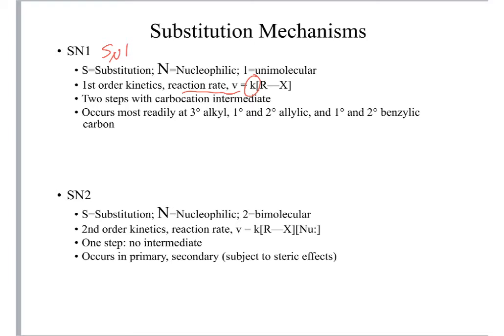And we'll talk about the kinetics a little bit more later on. So for this type of reaction, we have two steps, with the first step being the rate determining step, and it involves formation of the carbocation.